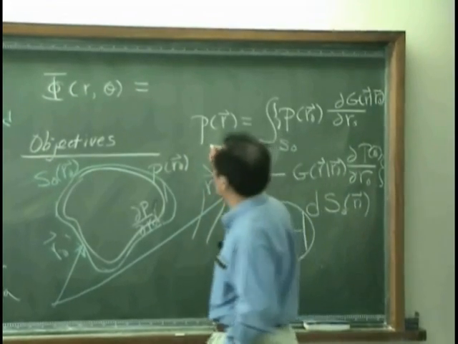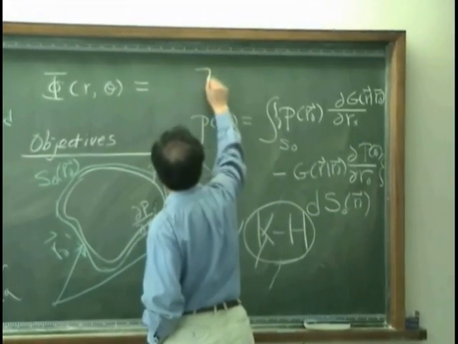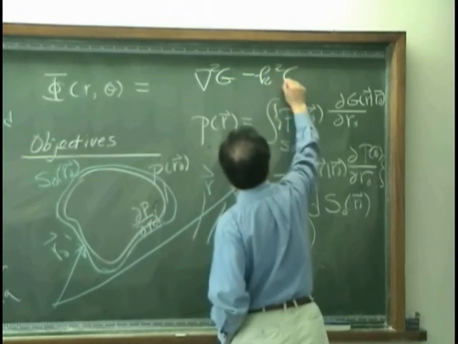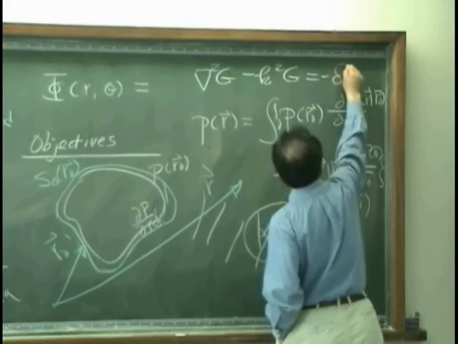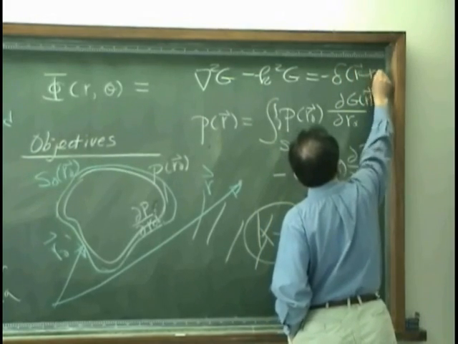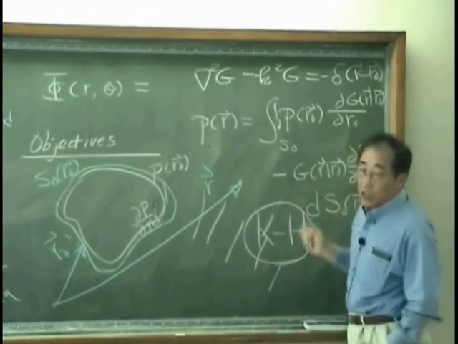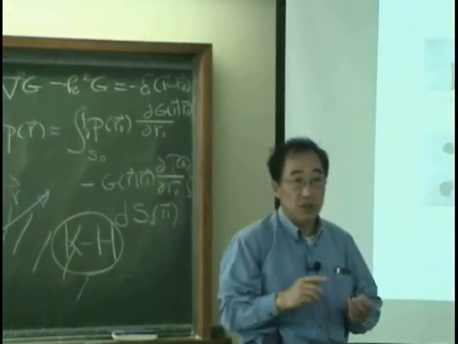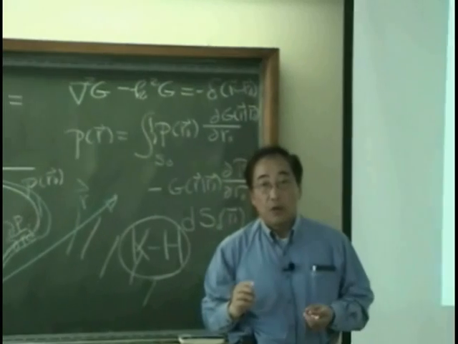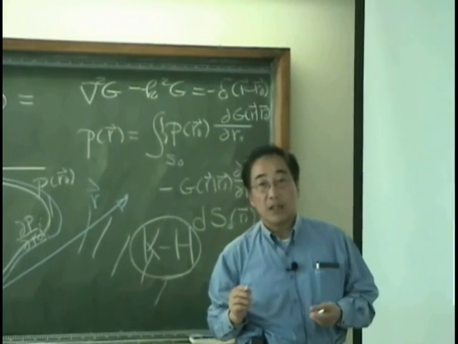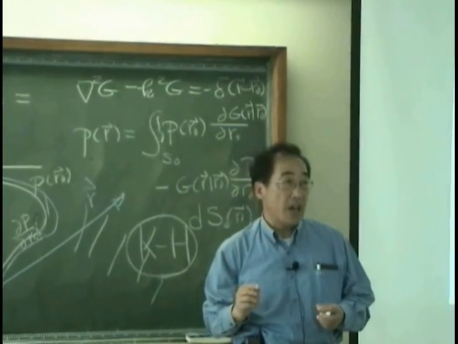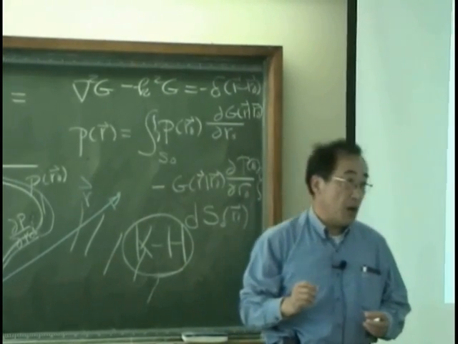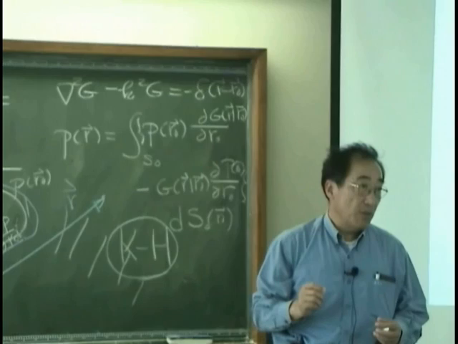That Green's function has to satisfy the homogeneous wave equation, right? In other words, the Green's function is the wave field that would be generated by an impulse response at r equal r0.